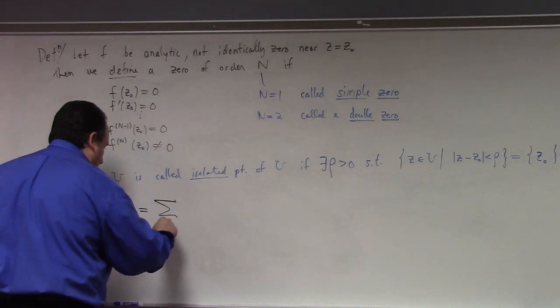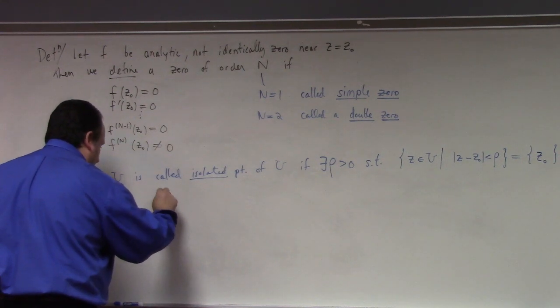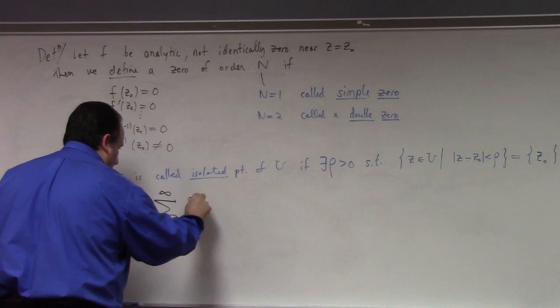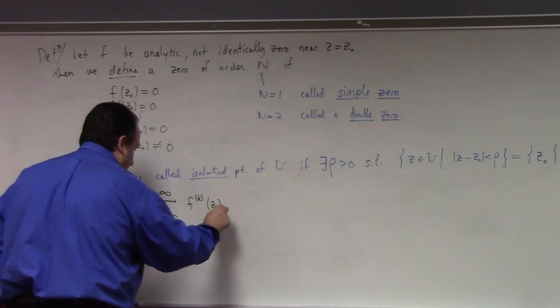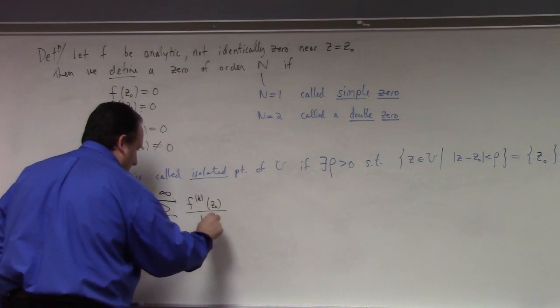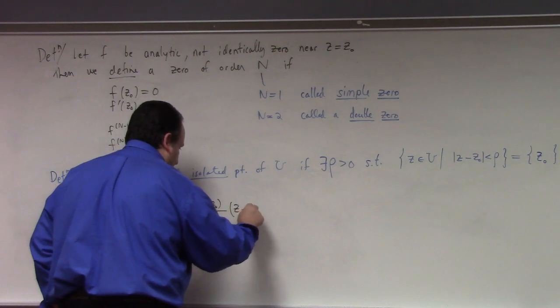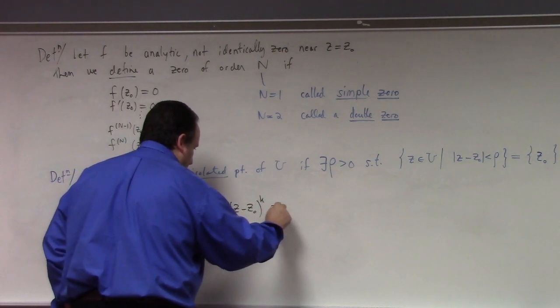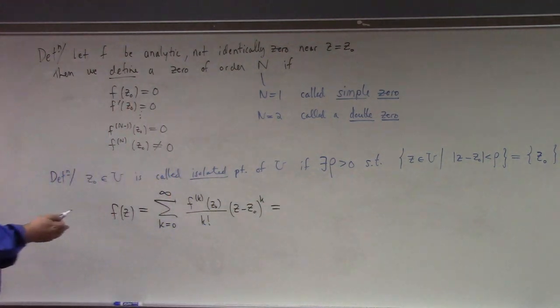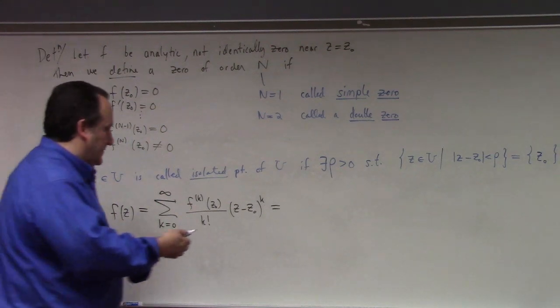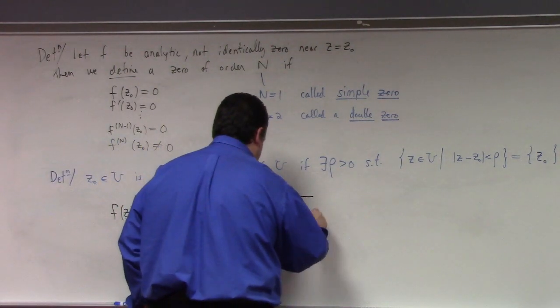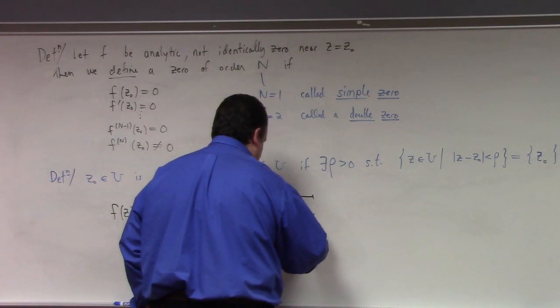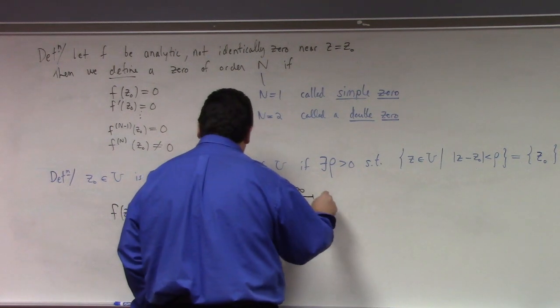The sum, k equals 0 to infinity, of the kth derivative at z naught over k factorial times z minus z naught to the power k. So what does that simplify to? If it's got a 0 of order n, those are all 0 up until n. So it's equal to the series starting at k equals n. Everything before that is 0.